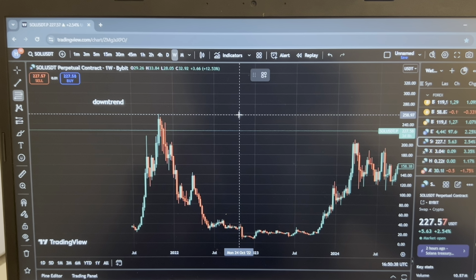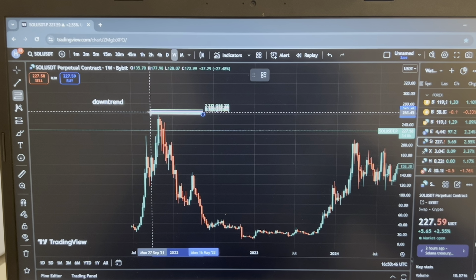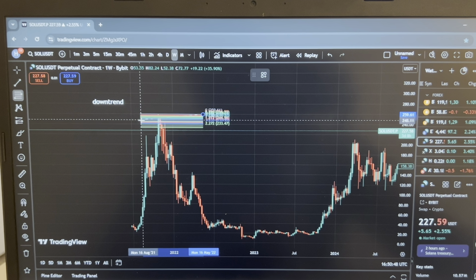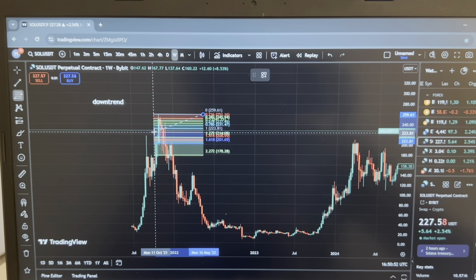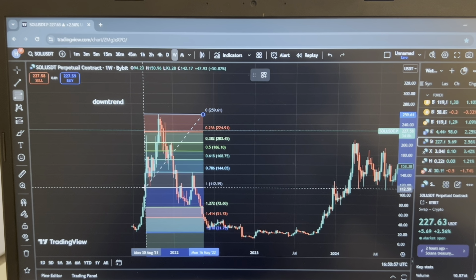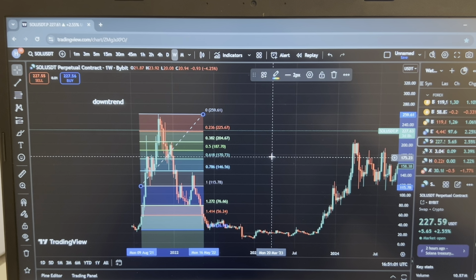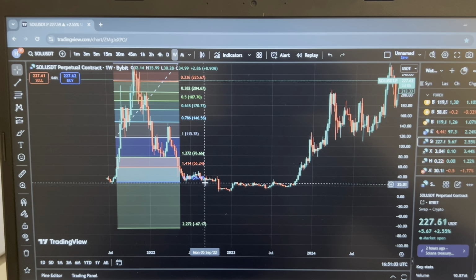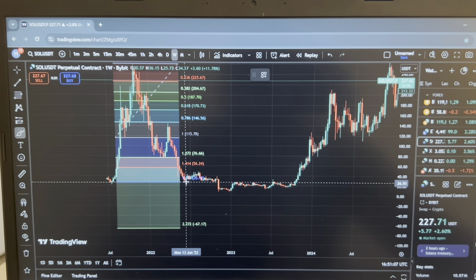If you are in a downtrend, you are going to use the zero level at the highest point of that trend. So right now this is the highest point, so the zero level is there, and we are going to use the number one level at its previous low. So right now the low is here, and this is the blue level.